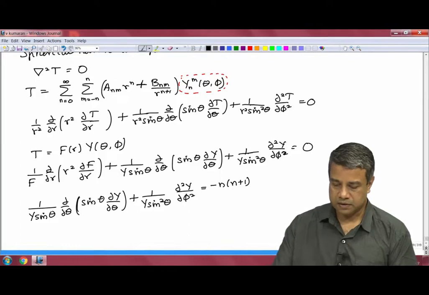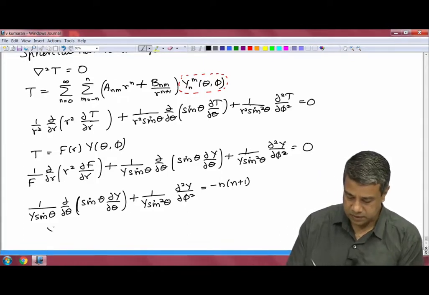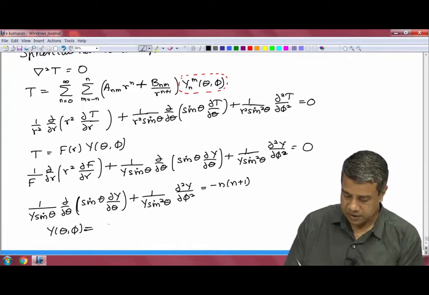And therefore, the solution for this is Y of theta and phi equal to some constant.